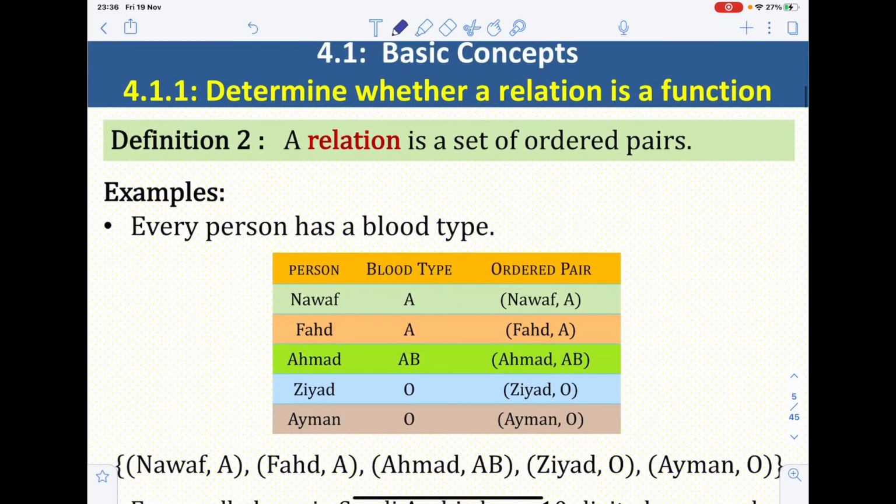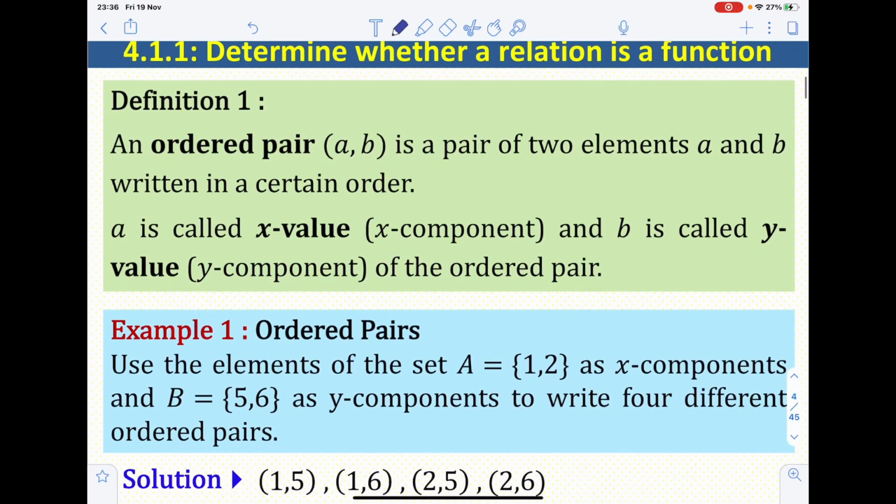Okay, so a relation is a set of ordered pairs. Now, what is the ordered pair? What is the definition of ordered pairs? The ordered pair, just like this, A and B, يعني الزوج المرتب A and B. So as you see in this one, we have two letters, A and B. A is called the X values or the X component, and B is called the Y values or Y component.